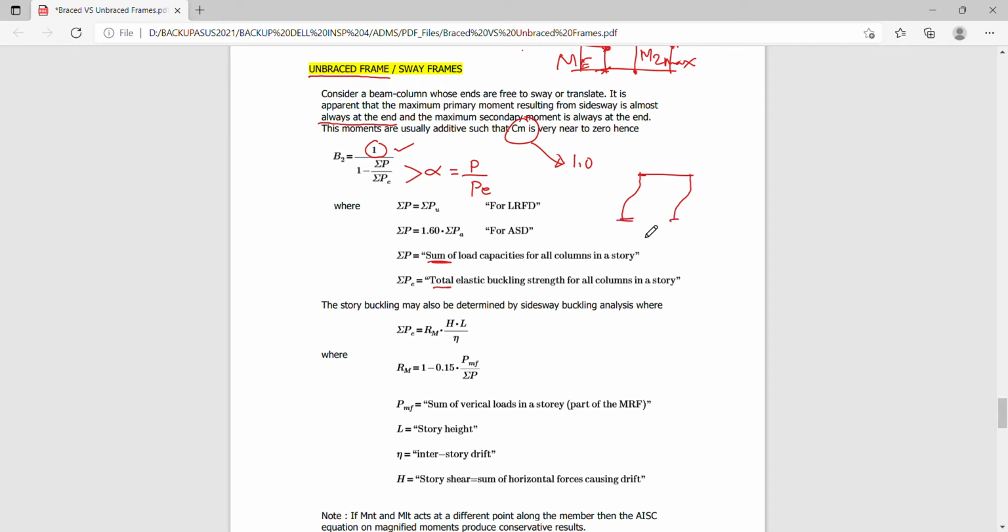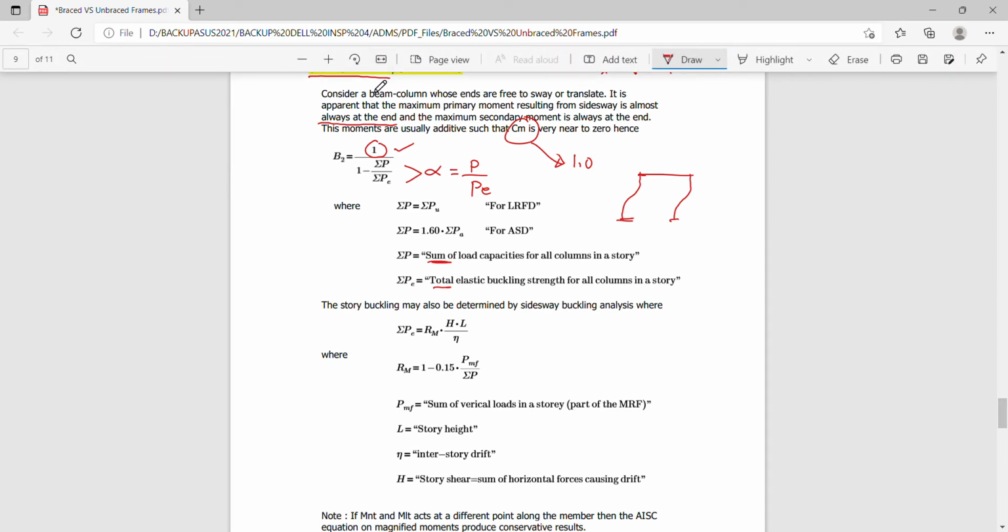adjacent to it. Okay, so you do not talk of braced columns now. You are actually talking of unbraced frames. So the frame means all the columns constitute the bracing.